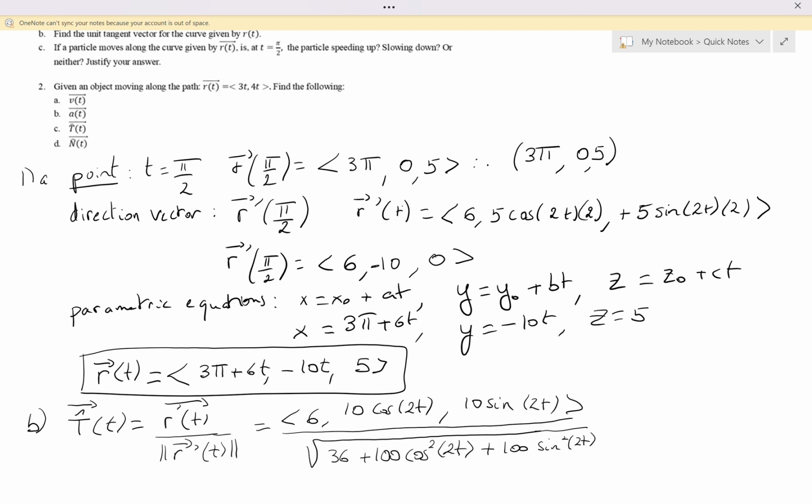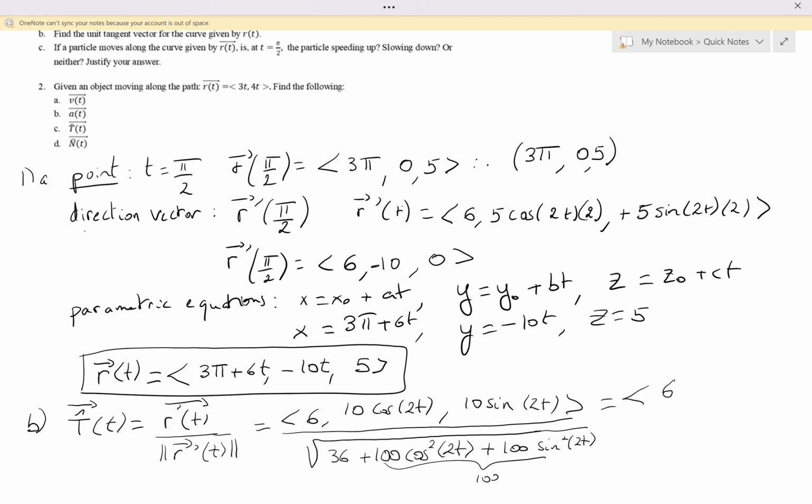And again, here we can recognize, especially be ready to recognize that whenever you see cosine squared, sine squared, remember the Pythagorean identity, cosine squared plus sine squared is 1, but here we have 100. So this is really 100. So this is 136.